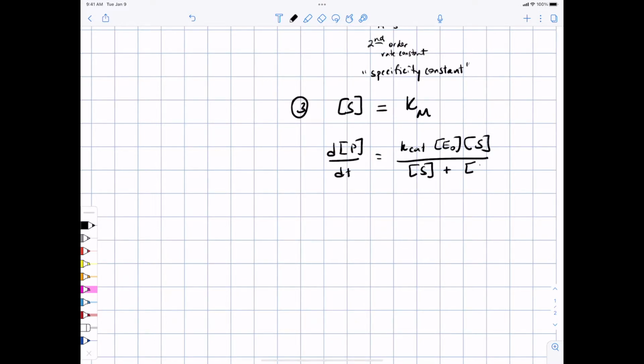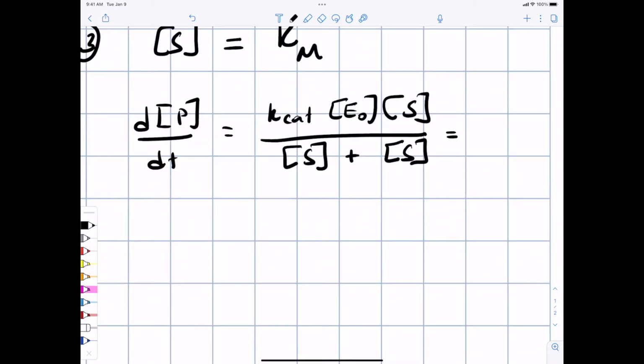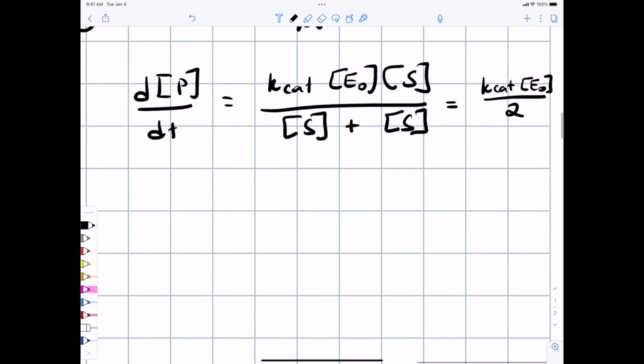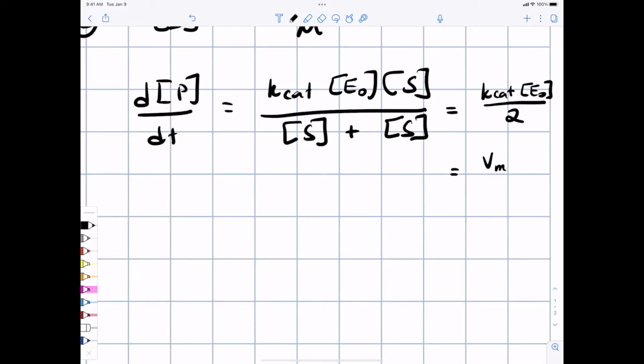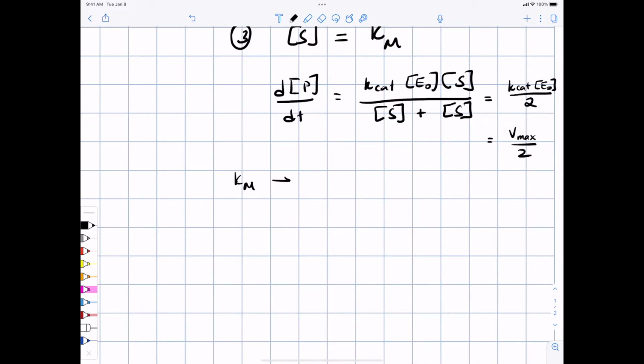Now Km equals the substrate concentration, so overall we end up with Kcat times total enzyme concentration divided by 2, or Vmax divided by 2. And therefore, Km is the concentration of substrate at which we are at 50% of our maximum velocity.